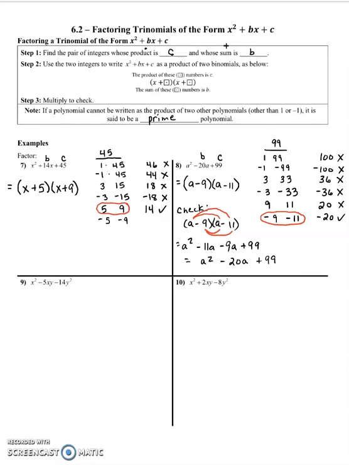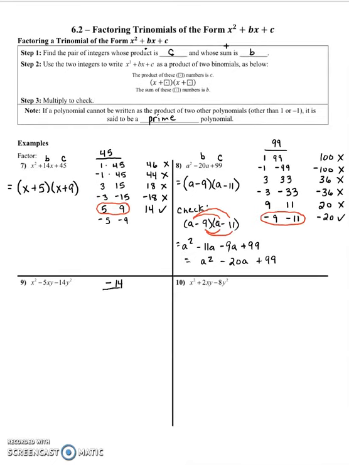All right, why don't you guys... Well, I better show you number 9 before you try your own. So, this time we have 2 variables, but that's okay. So, we need 2 things that multiply to give us negative 14, and we'll talk about what to do with that y squared in a minute.